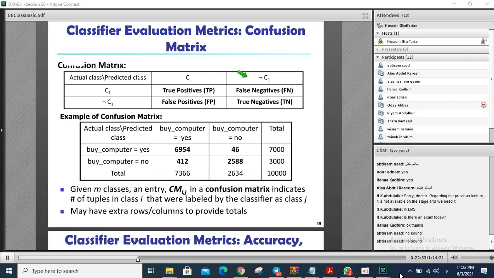Okay, we have a specific matrix, and its name is the confusion matrix. In this matrix, we have two rows and two columns. For example, belonging to class C1 and not belonging to class C1.